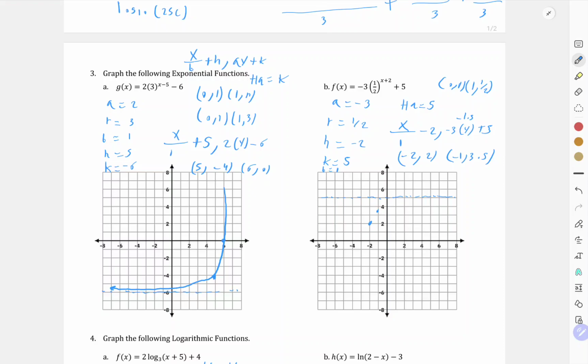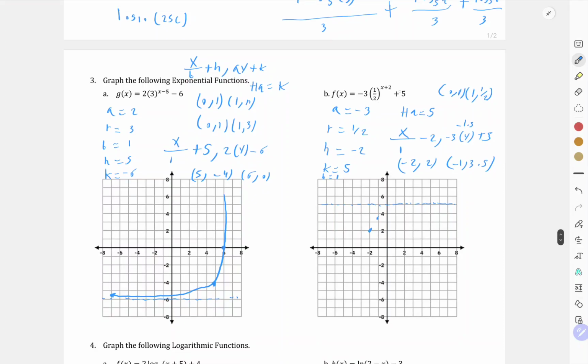Alright, now I'm assuming that this graph leans down because it has a negative a value, but it's also stretched.